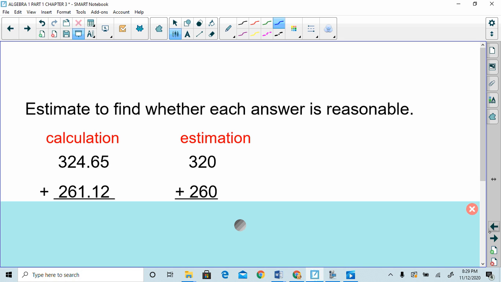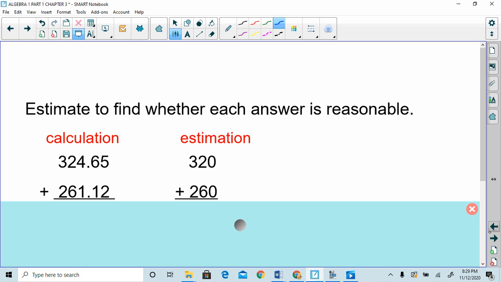Let's do another calculation. Here's another addition problem. We're going to take this, and especially when we get like 3 different add-ins, it gives us a better idea if we're in the right area as far as our answer. Let's do the actual, and then we'll do an estimate to see if this is a reasonable answer that we get.